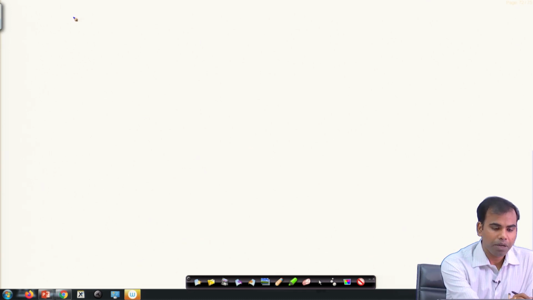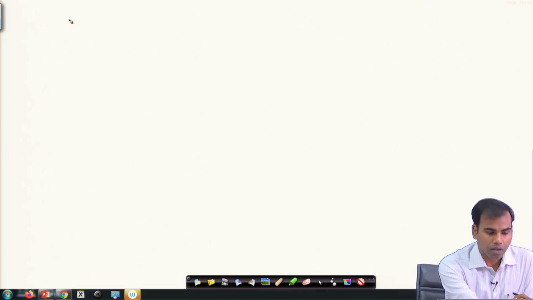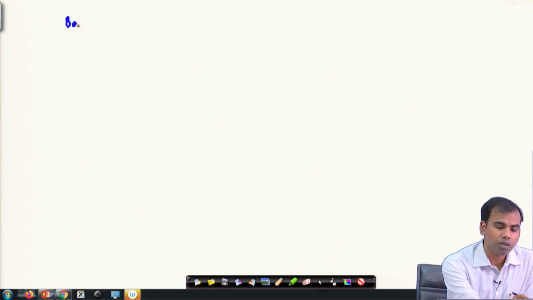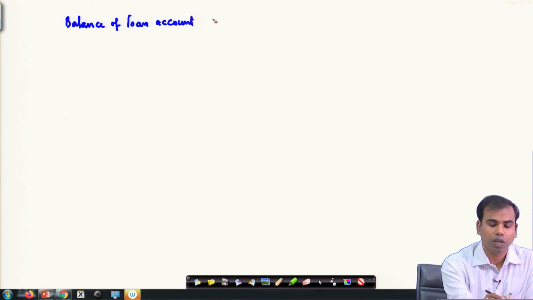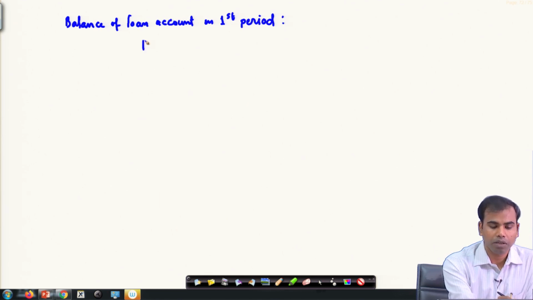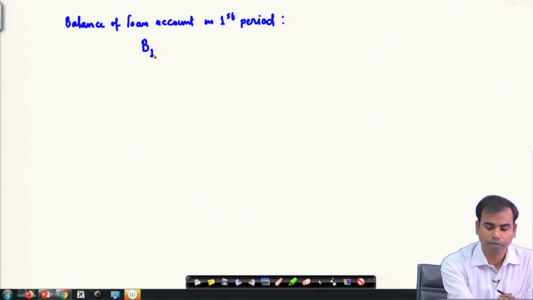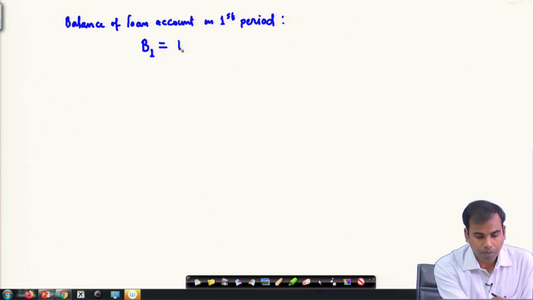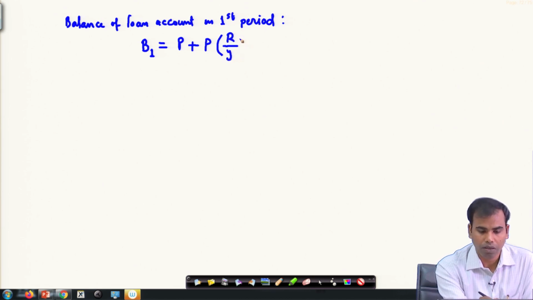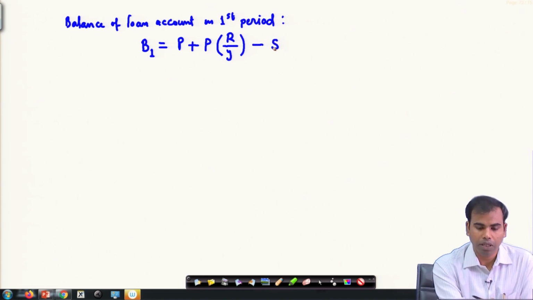If we go to the balance of loan account in the first period, which is the next after 0, B 1 is equal to principal plus principal into R by Y, that is rate of interest by Y, minus the payment that you have made.